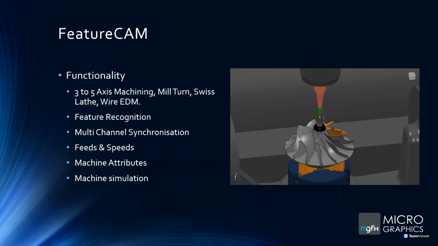Other features that will be covered more in depth in the next few slides include things like feature recognition, multi-channel synchronization that would come in with your mill turn centers or possibly even your Swiss lathes, setup of feeds and speeds, machine attributes, as well as machine simulation.